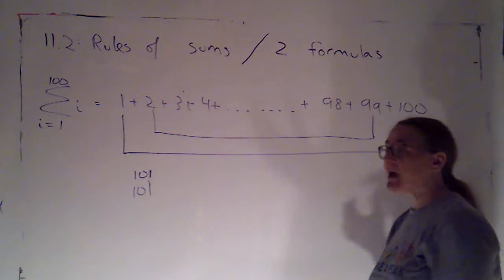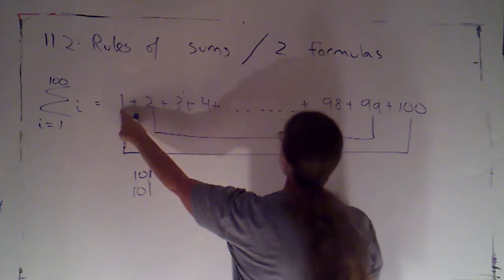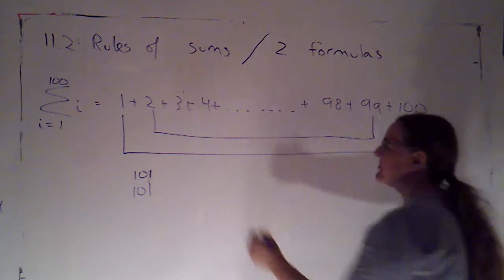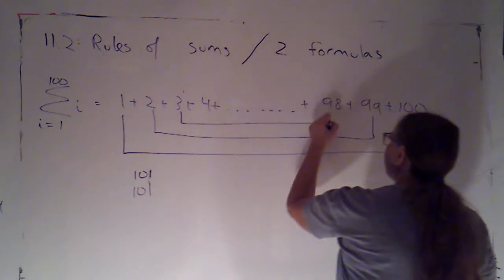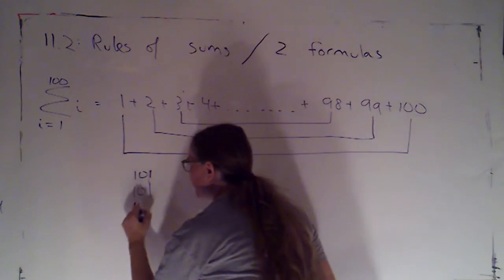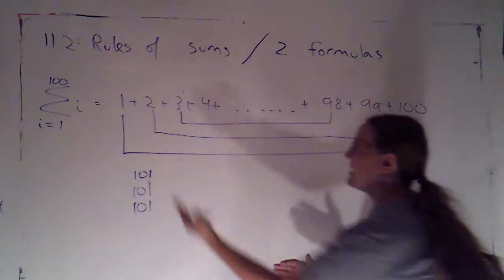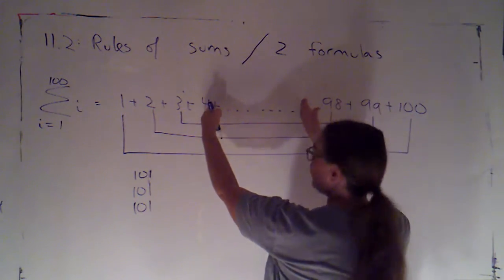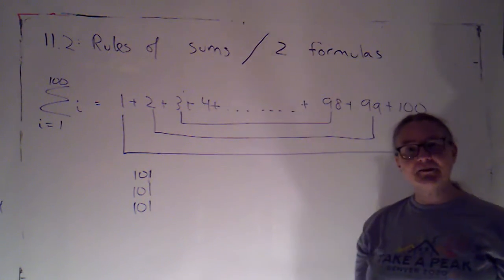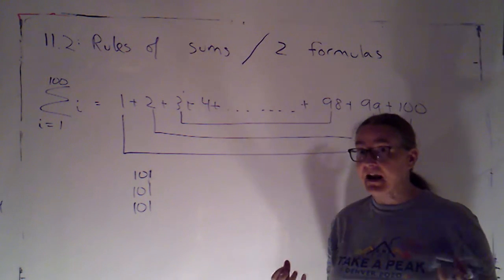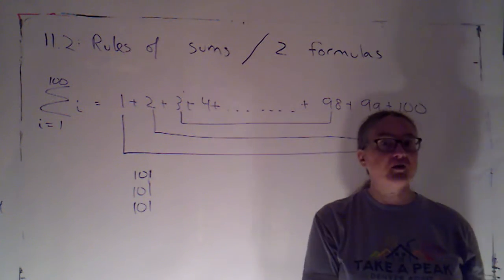It's the same sum because I made this number 1 bigger and this number 1 smaller, and those changes canceled each other out. 3 plus 98, that's also 101. Each time I move to the next number here, I'm making it 1 bigger. Each time I move to the next number here, I'm making it 1 smaller. Those changes cancel out, so each pair that I'm getting adds to 101.